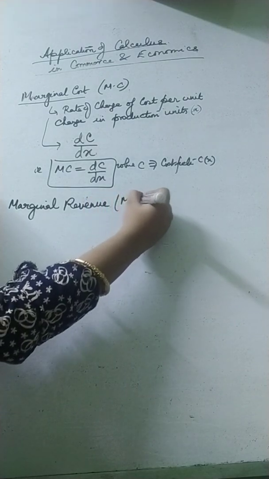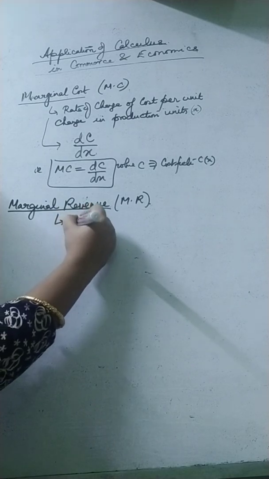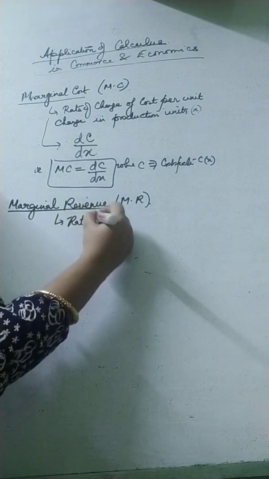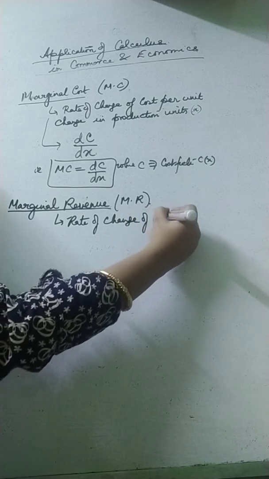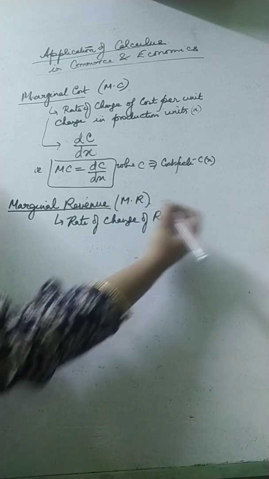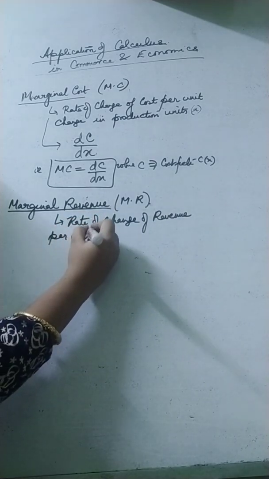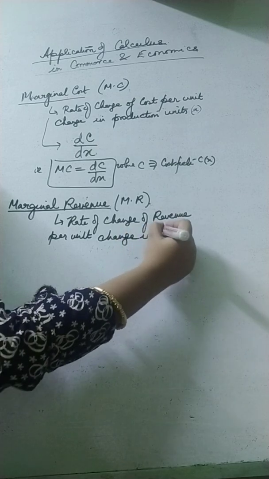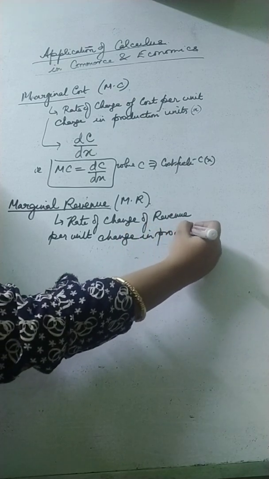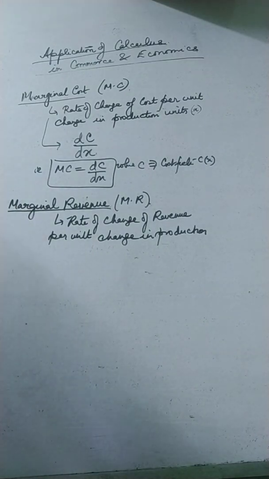Marginal revenue, MR. What is it? It is the rate of change of your earning, how your revenue will change per unit change in production. Okay, per unit change in production.